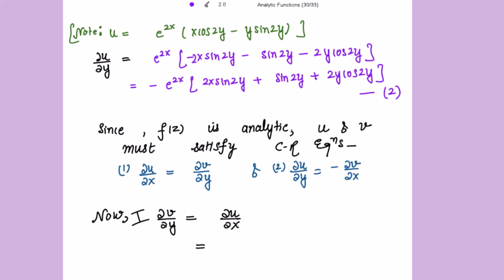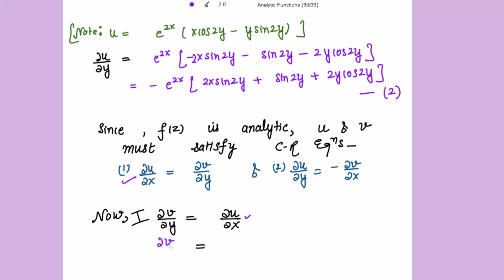Now since f(z) is analytic, u and v must satisfy the Cauchy-Riemann equations. You can use any of these two equations first, but I'm using this first equation. So ∂v/∂y is equal to ∂u/∂x, and we have already found ∂u/∂x.